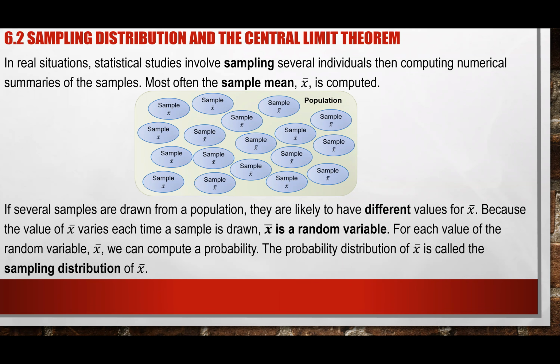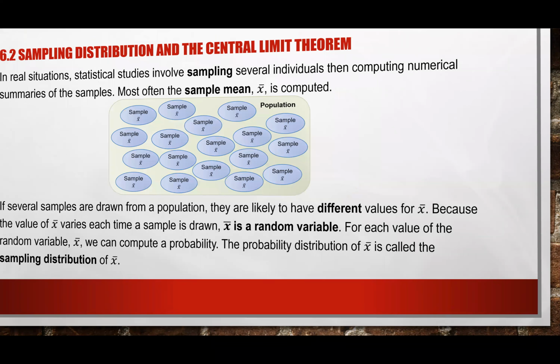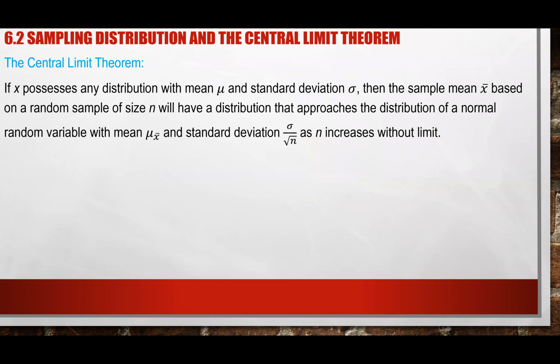So what we have is a sampling distribution. Basically, we take each small sample from a group of population, and then we find the average of each of that group of samples. So our goal is, if we have this item, this comes out to be the central limit theorem.